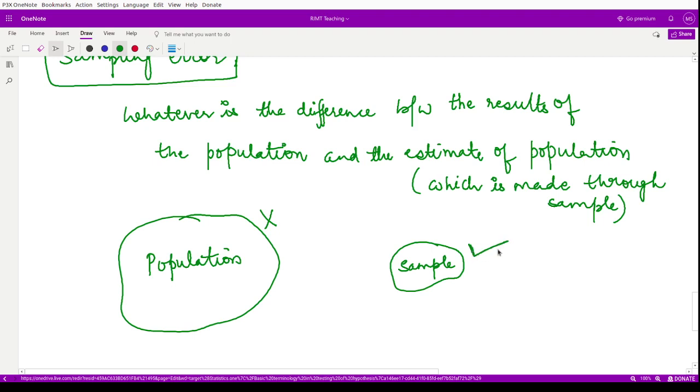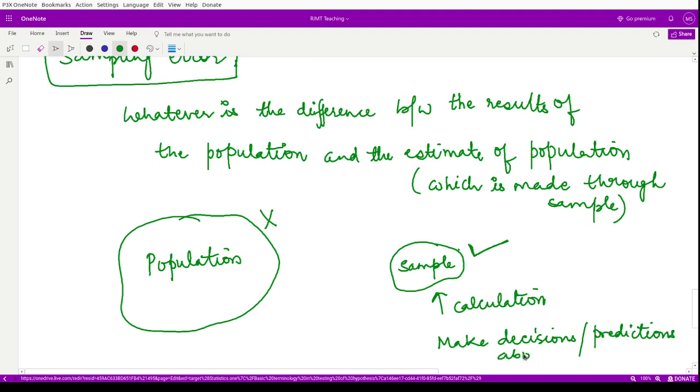So that is the use of statistics: you have a sample, you do calculations and manipulations on the sample, right? And you make decisions and predictions about the population from the sample.